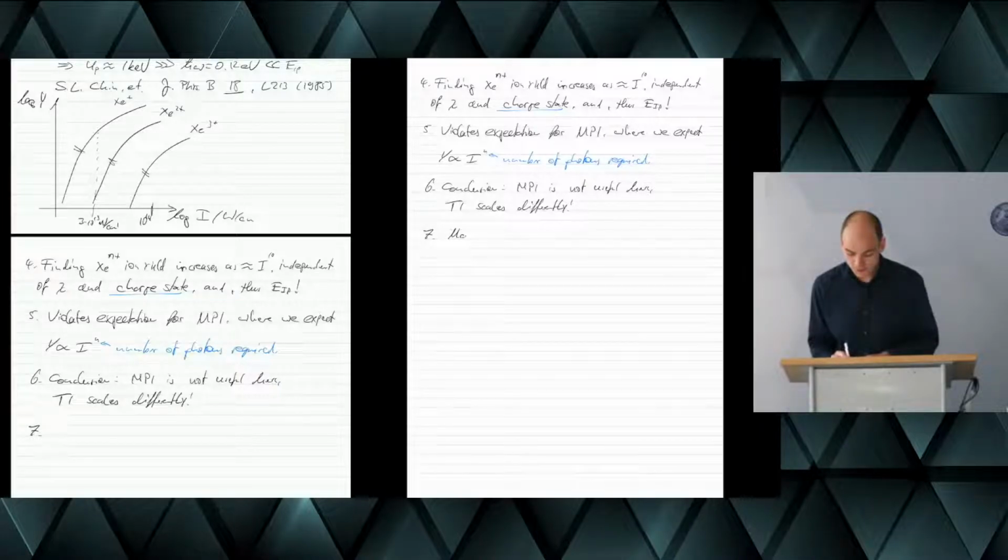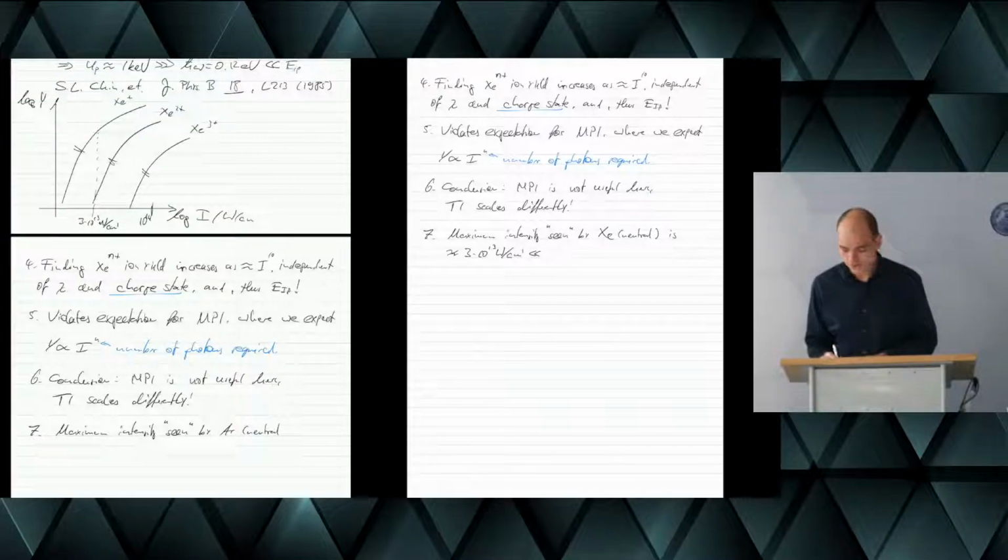So the maximum intensity seen by neutral xenon is approximately 3 times 10 to the 13 watts per square centimeter, which is significantly below the barrier suppression intensity.